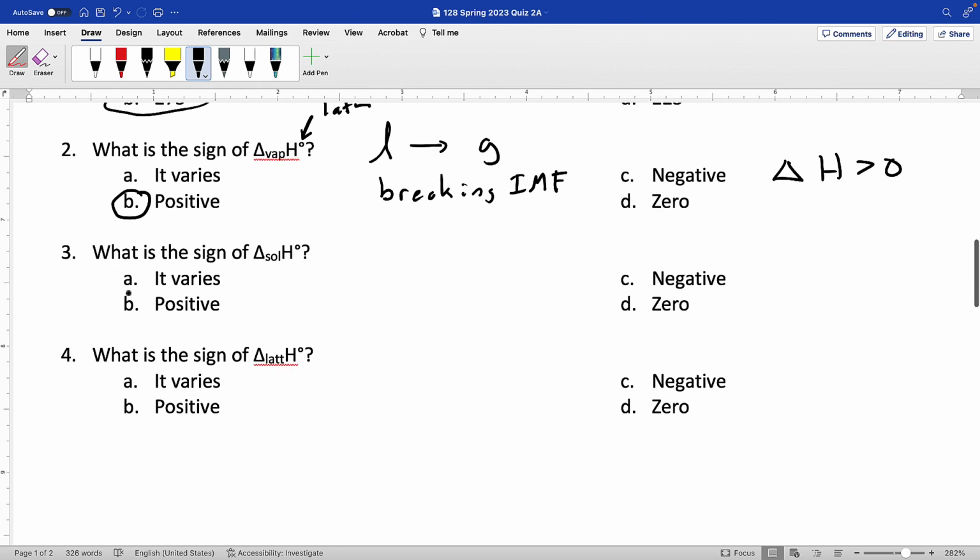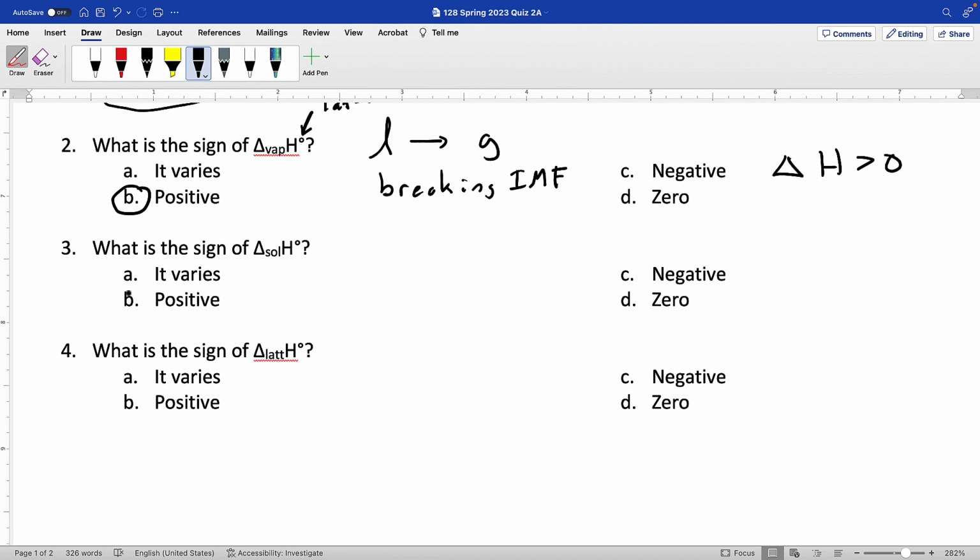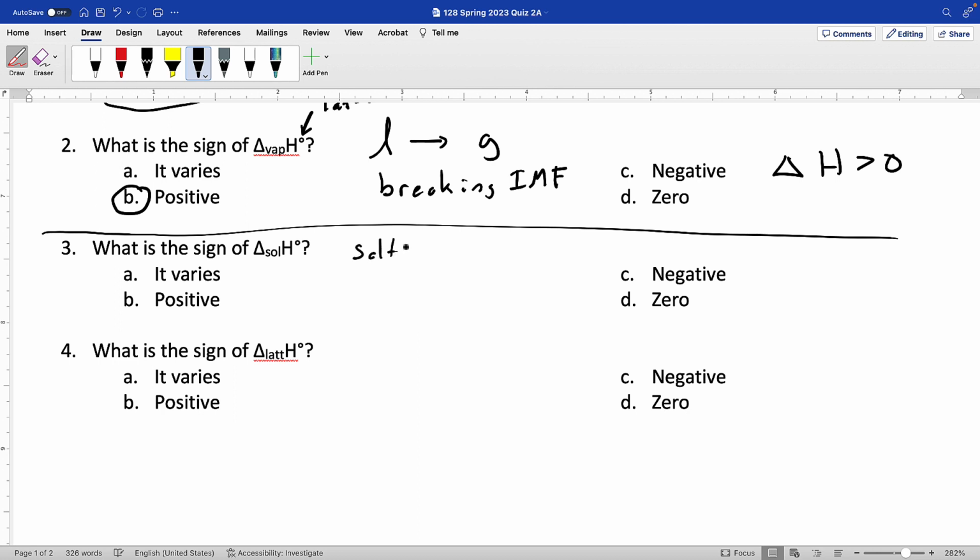Okay, what is the sign for the heat of solution? So heat of solution is going to be going from salts in the solid phase to salts that are aqueous. And we're trying to find out what delta H is for this. So to do this process, we have to break a salt apart.